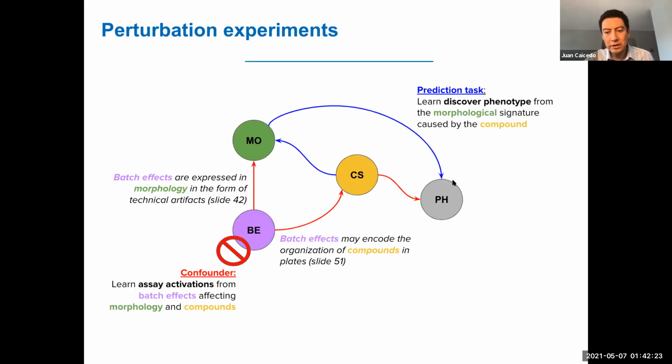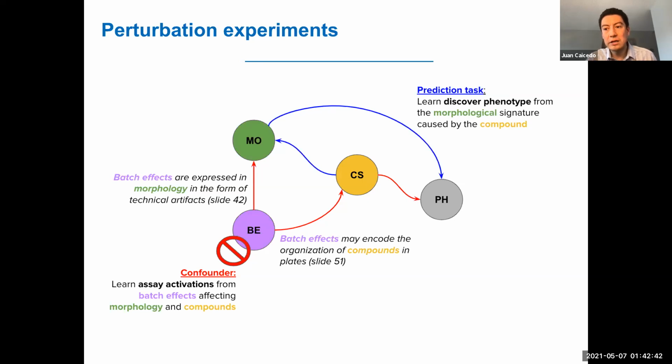Oh, by the way, we don't have ground truth annotations here. This is a major difference with respect to segmentation. This is not a supervised learning problem. We don't know what's the phenotype. At the end of the day, this is drug discovery, and we don't know if the compound is going to work or not. So there is no ground truth.